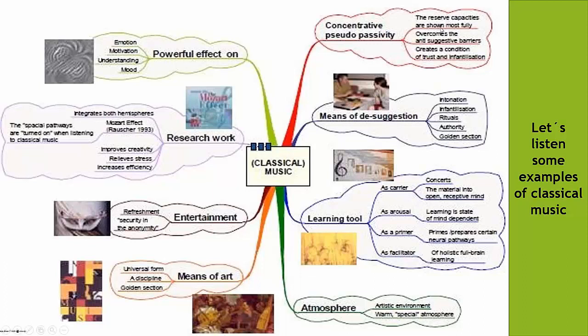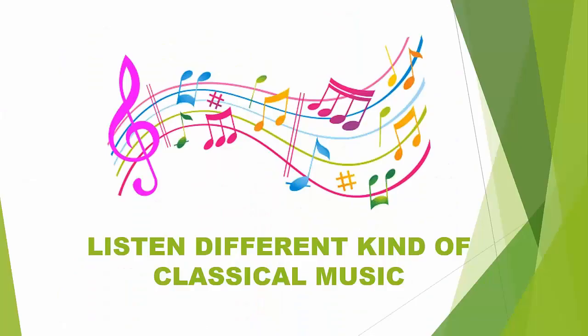Reserve capacities are shown most fully, overcomes, creates a condition of trust and infantilization. So here, it's time to listen to different kinds of classical music. We're going to learn from different kinds of music.